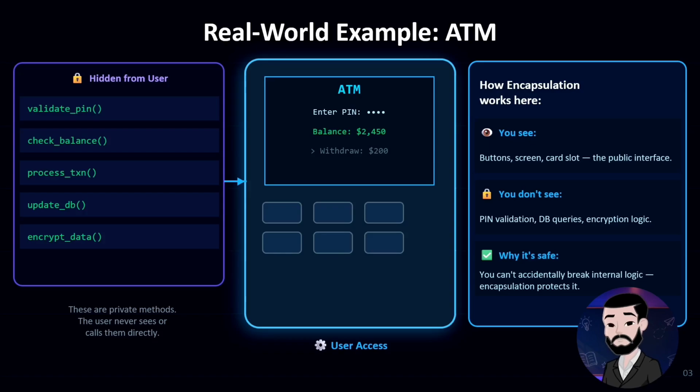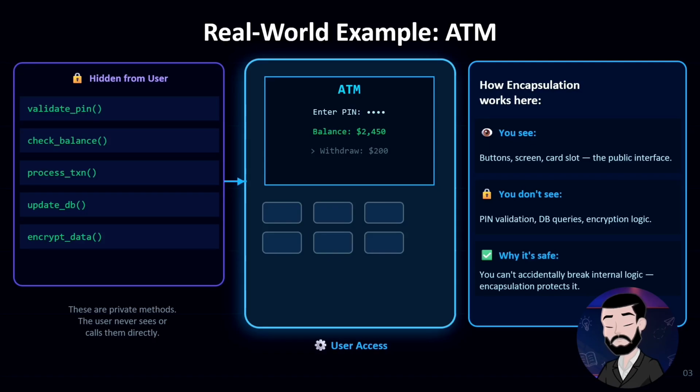But internally, the banking system, password verification, and transaction processing are completely hidden from you. Thankfully, the ATM does not show users a button called Access Entire Bank Database. You only interact with the features that are allowed. And that is exactly how encapsulation works in programming.